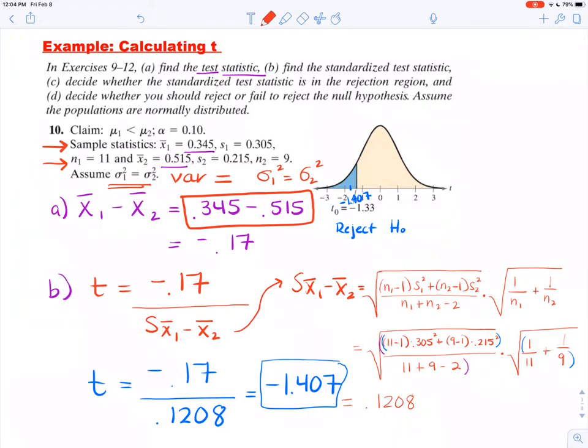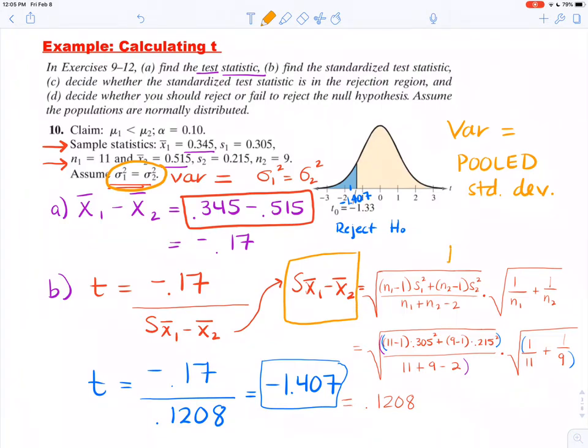Then I went to my standard deviation and I said, okay, this is a case where the variances are equal. When the population variances are equal, this is when we're using a pooled estimate of that standard deviation. And that's what you're seeing in my calculation right here.